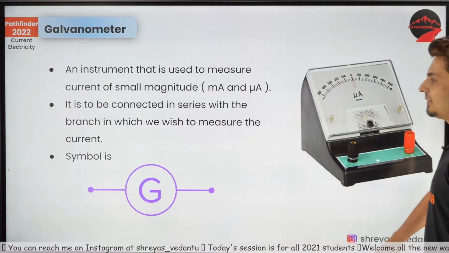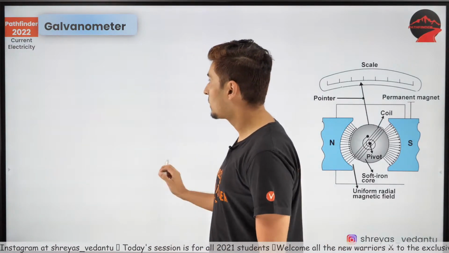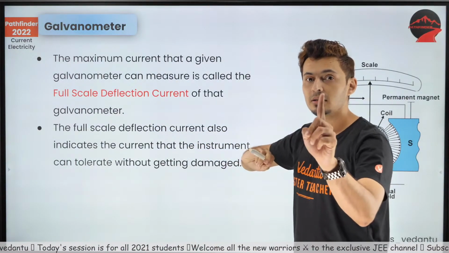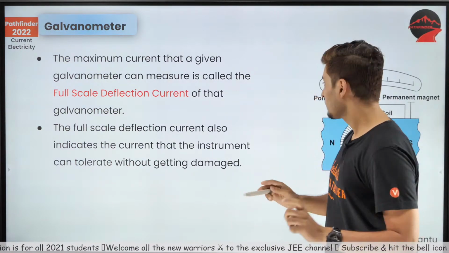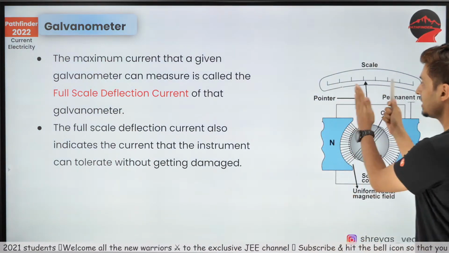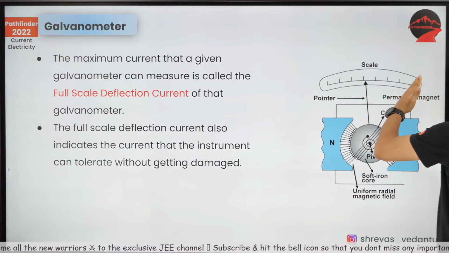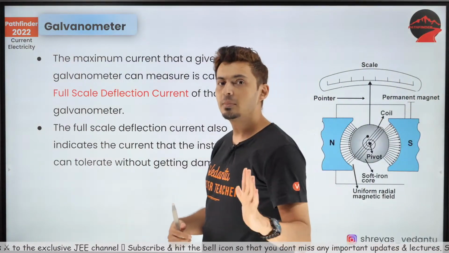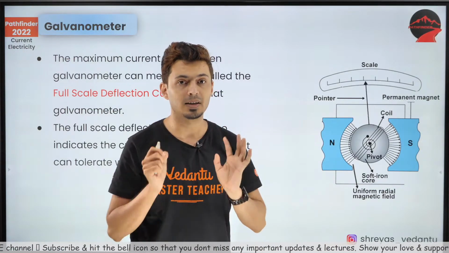Okay. So having said this, another important thing about galvanometer is that there is a limit till which it can deflect and the current can flow. See guys, when the deflection happens, more current, more deflection, but there is a point till which it can deflect. After that, if more current flows, either the needle will break or the coil itself will burn off because of excessive current.